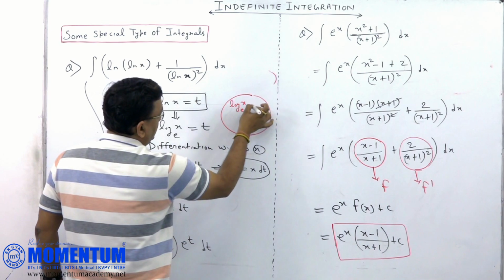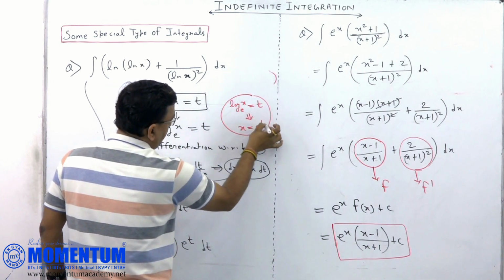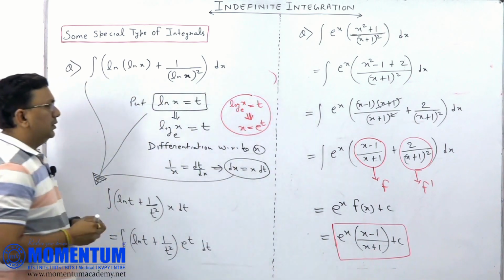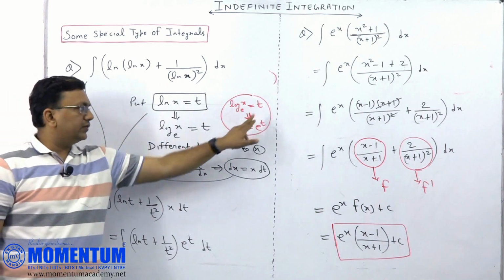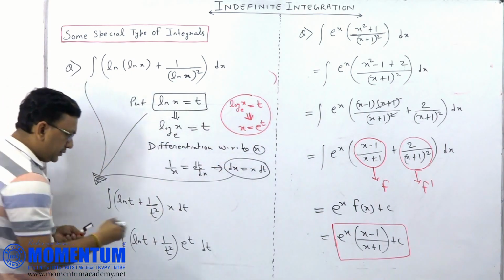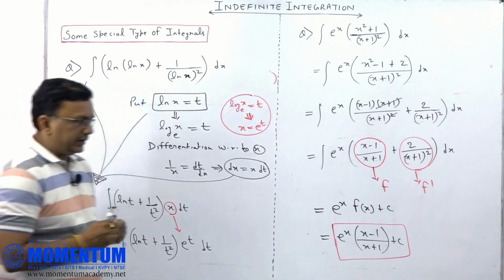Log x to the base e is equal to t will imply x is equal to e to the power t. So that's the reason. In place of this x, what came? e to the power t came.